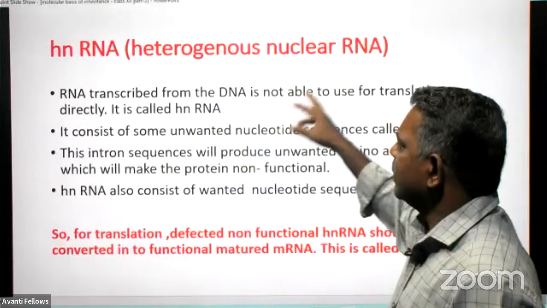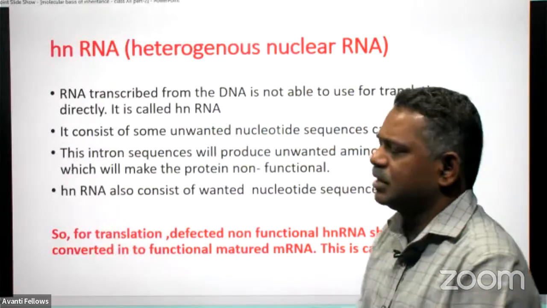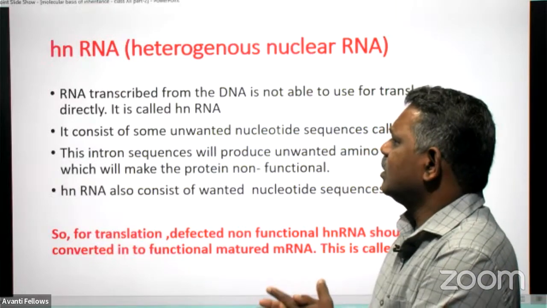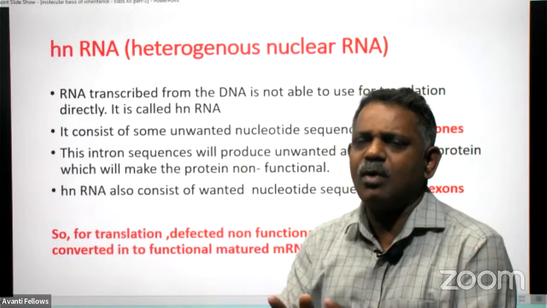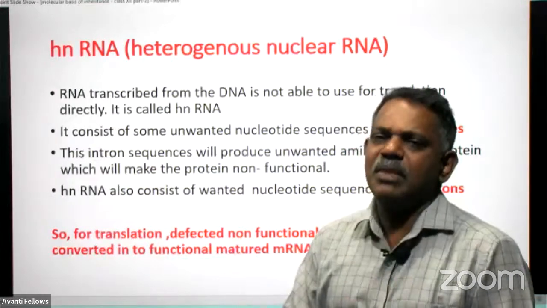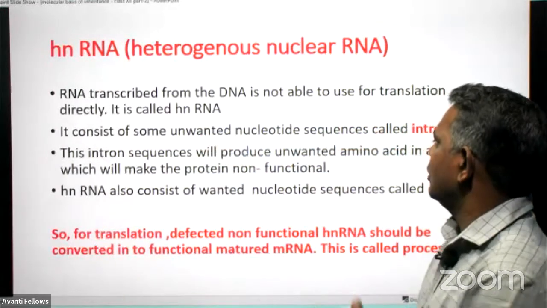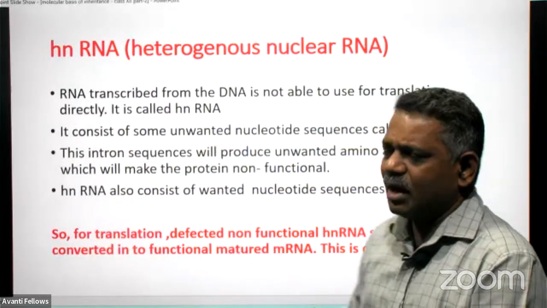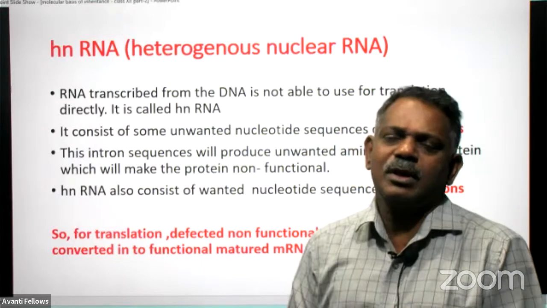RNA transcribed from the DNA cannot be used for translation directly, and it is called hnRNA. It is purely a raw RNA. It should be matured because it consists of some unwanted nucleotide sequences. Unwanted means unwanted only for that particular protein.